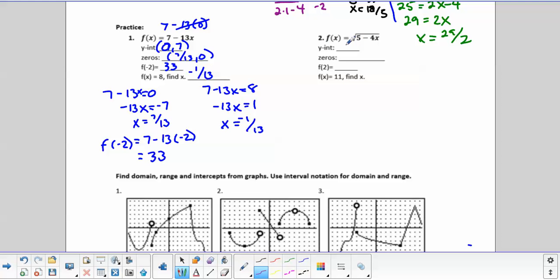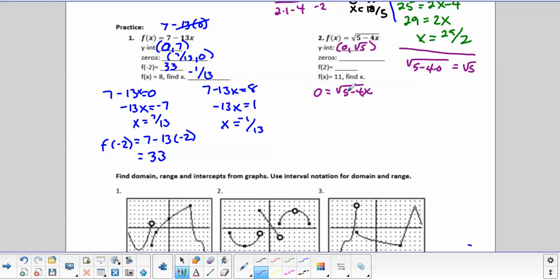All right, here's a radical function, and we're going to find the same kinds of values. So for the y-intercept, you're going to put 0 for your x, and you would have the square root of 5 minus 4 times 0, which is the square root of 5. The zeros, that would be when your answer is 0, so I have 0 equals root 5 minus 4x.